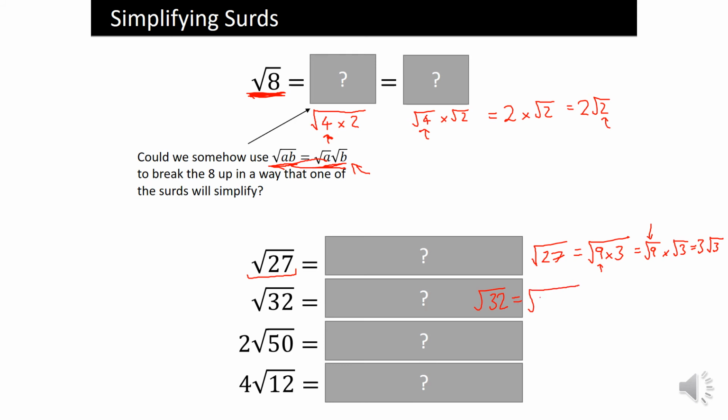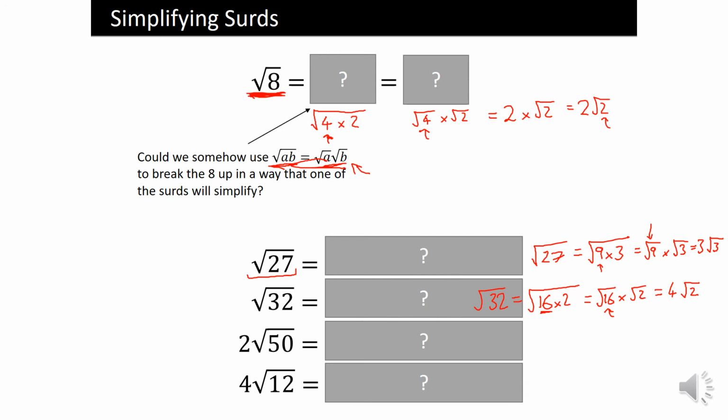So we can write that as square root of 16 times 2, so 16 is the square number. Again, writing it as two square roots now, we've got square root of 16 times square root of 2, and we can square root 16 because that is a square number, so we end up with 4 times root 2, or 4 root 2.